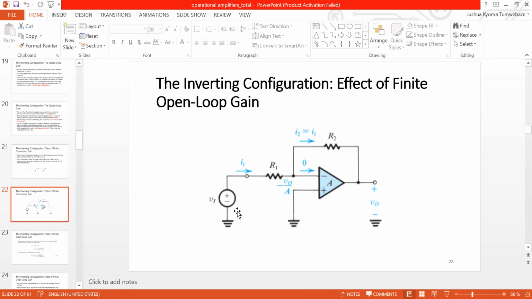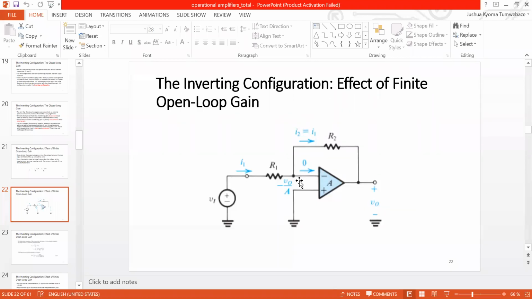What changes? Still at the non-inverting input terminal, we have a ground. That means 0 volts is applied there. But what will be the impact on the inverting input terminal?